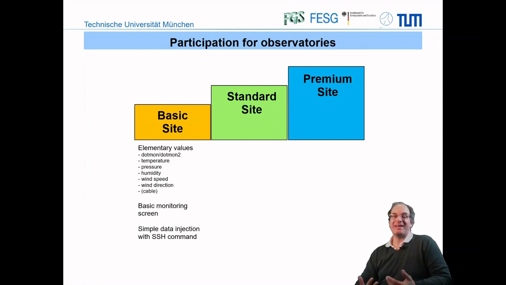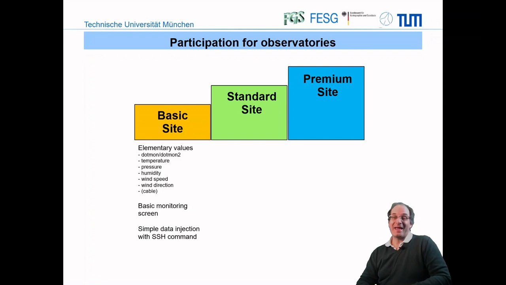What you do is you send in elementary values like .mon, .mon2, which are the clock offsets, temperature, pressure, humidity, so meteorological information, additionally wind speed, if possible wind direction, and there are also possibilities in the future so that you can get continuous cable information.